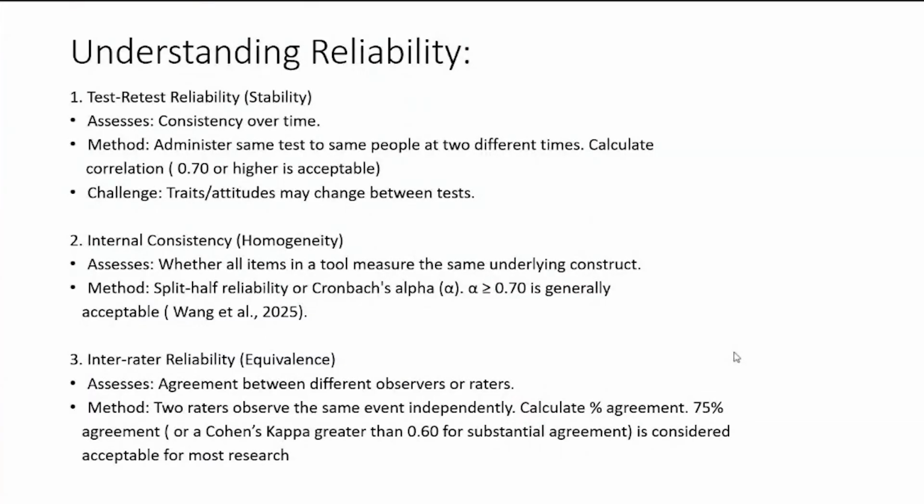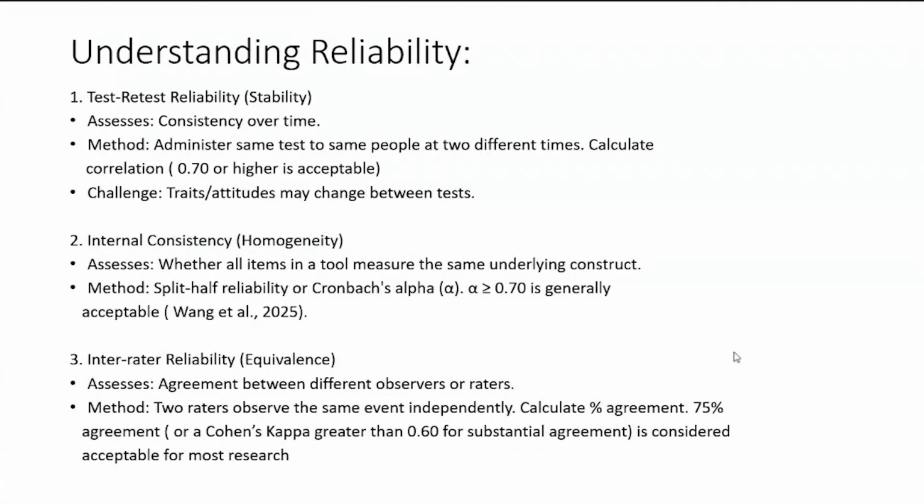If you have any value below that, then your tool needs to be modified so that you recalculate to ensure that you achieve that particular value, either greater than or equal to 0.7.